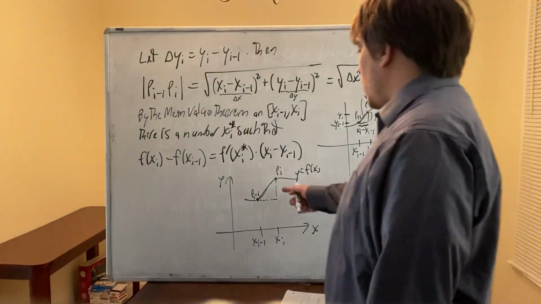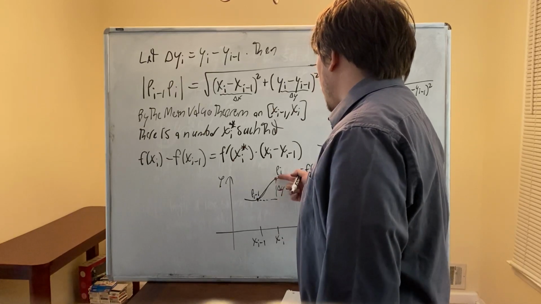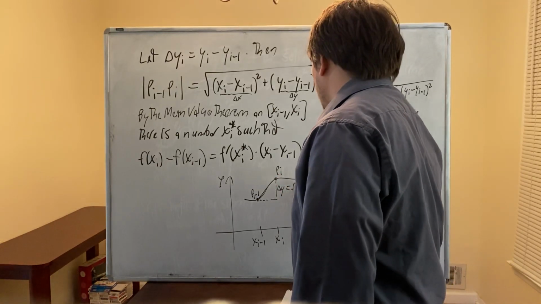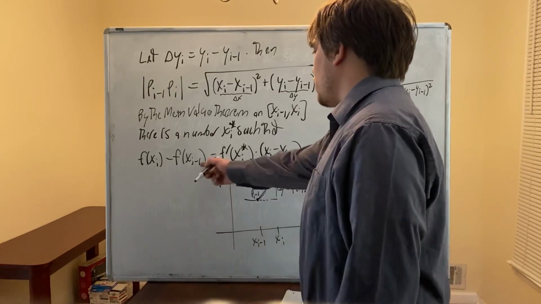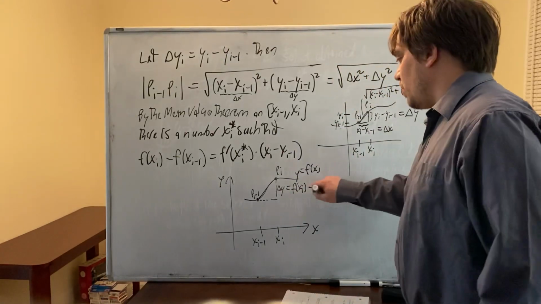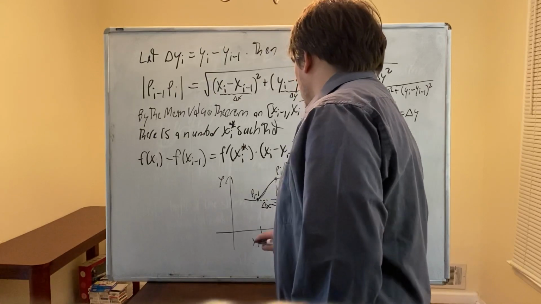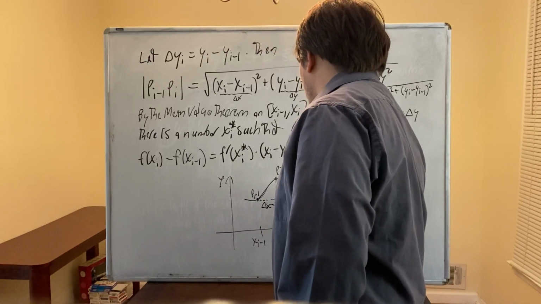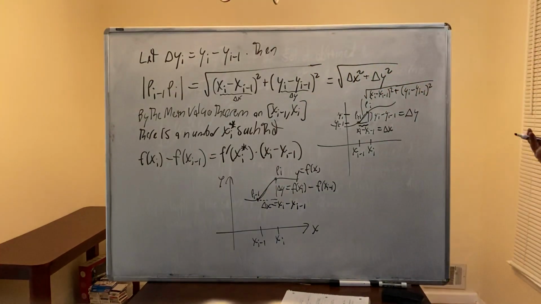Well, the change in y, the delta y here, is equal to the value at p sub i, which is f of x sub i, minus the height of the function at p sub i minus 1, which is f of x sub i minus 1. That's the difference in f values. That's delta y. Delta x here is equal to the difference in x values, which is x sub i minus x sub i minus 1. And so the slope of the line is delta y over delta x, right?